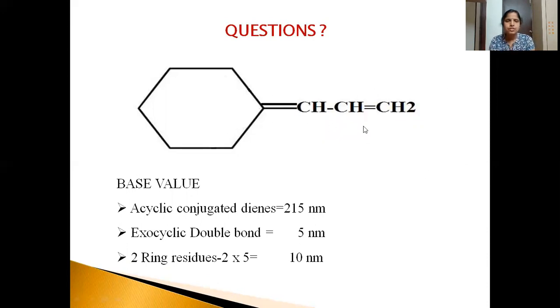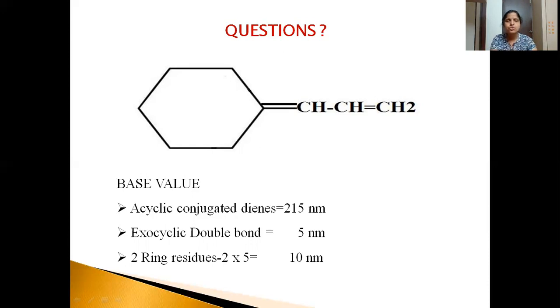This is acyclic and it is having an exo double bond, because if you look at this, this double bond is present outside this ring. So we call this an exocyclic double bond. And there are 2 ring residues. Where are they? At this carbon, this is 1 ring residue and here is another ring residue.